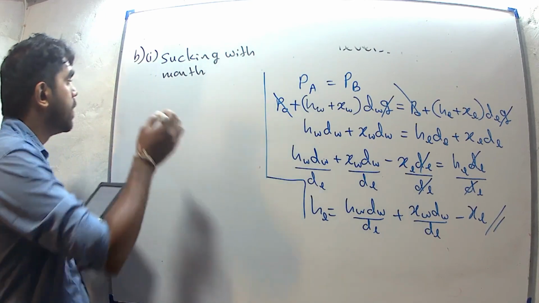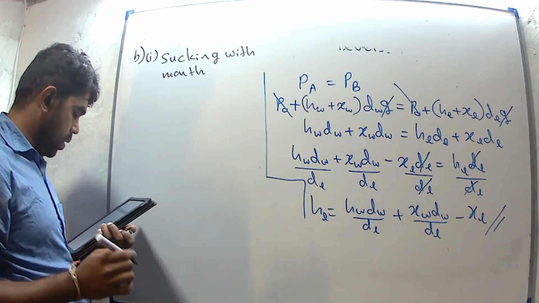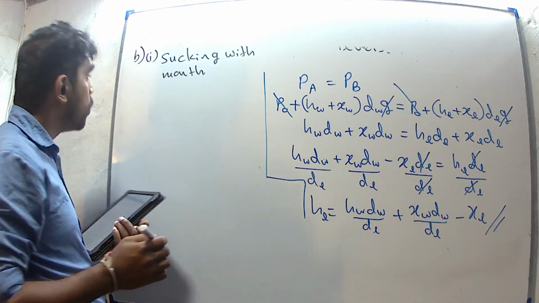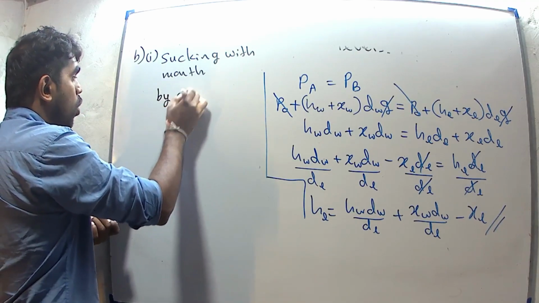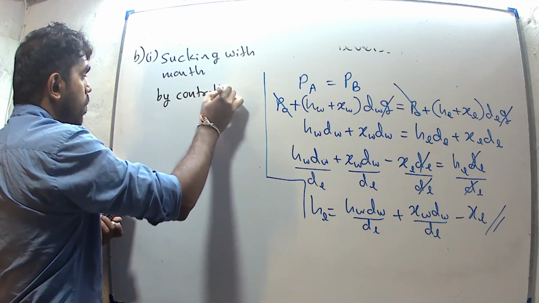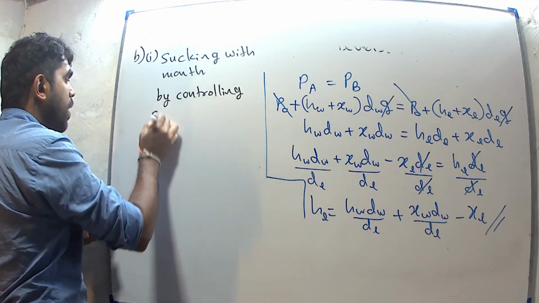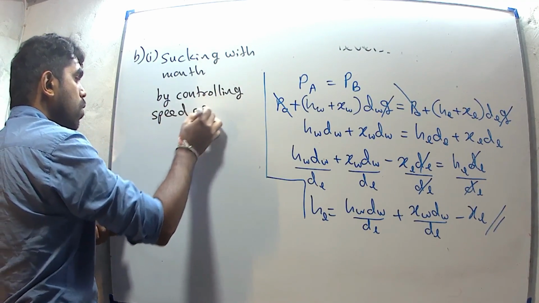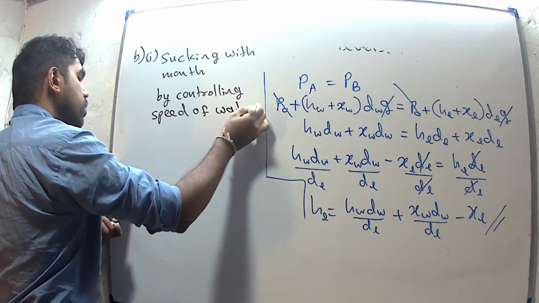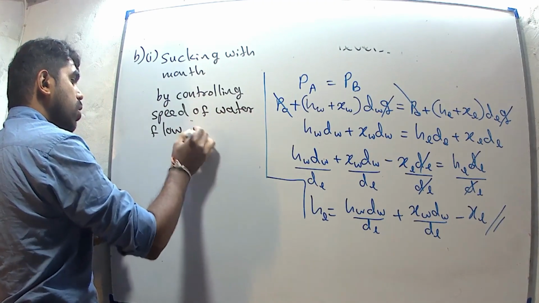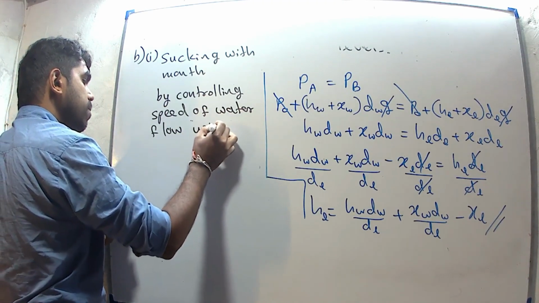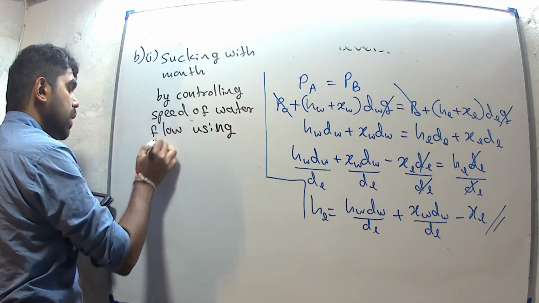We can write, for the improved version, by controlling the speed of water flow using the tap.